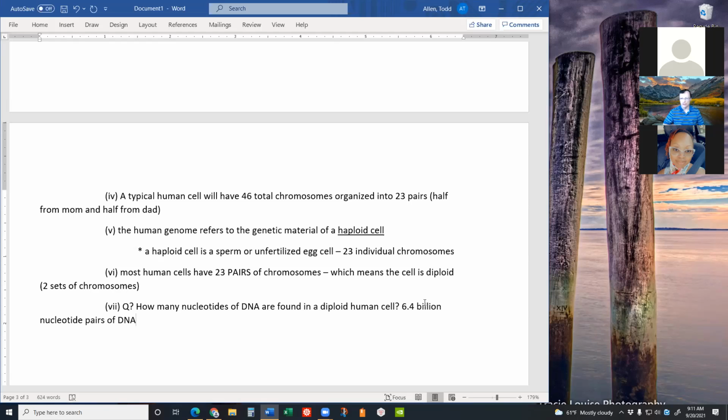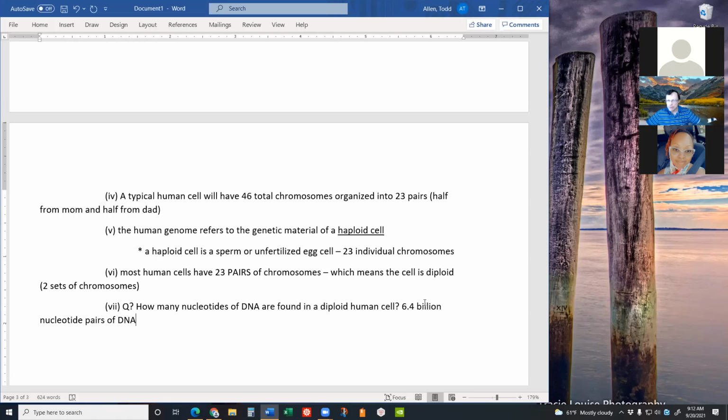Okay, I'm just trying to give you a scale for the magnitude of the quantity of material found inside the nuclei, which is necessary to provide all the instructions to build and maintain the anatomy of your body and all its functions, so that your lungs can inhale and breathe, so that your muscles can contract, so that your brain can think of thought, so that your kidneys can filter your blood to create urine, so that your ovaries can manufacture egg cells, so that your testes can manufacture sperm.